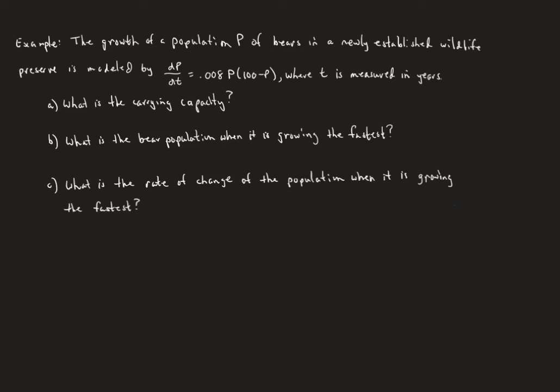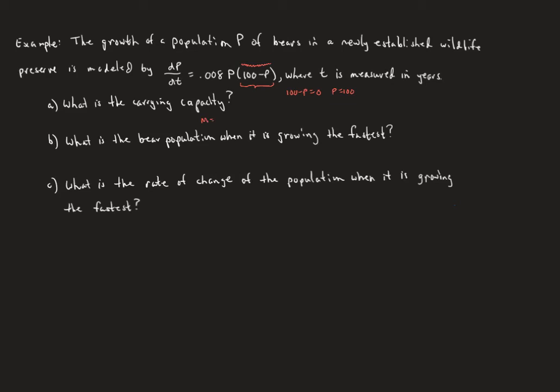What is the carrying capacity? Now in general, and they like to try to disguise this a lot of times on AP questions, but whatever this second parentheses is, and it may not always be quite as clear as this, the value of P that makes that equal to 0 is our carrying capacity.